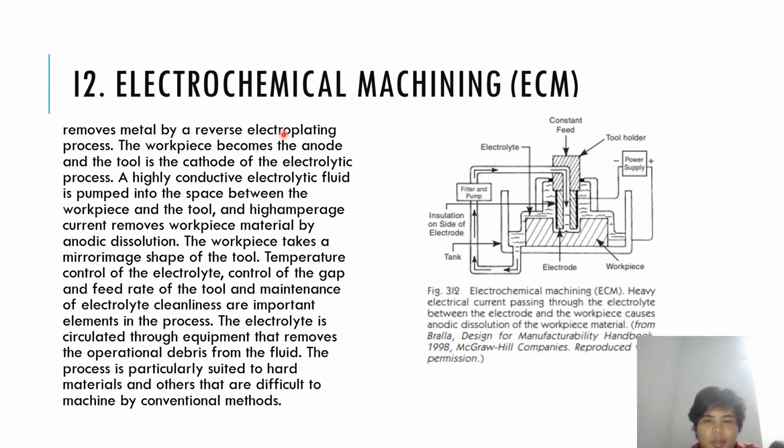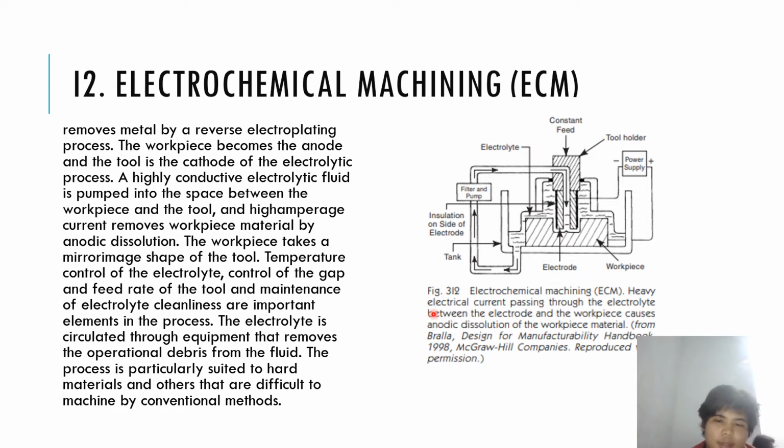Electrochemical machining is using chemical action as well, but it's mixed with the electrical. It removes metal by a reverse electroplating process. The workpiece becomes the anode and the tool is the cathode of the electrolytic process. A highly conductive electrolytic fluid is pumped into the space between the workpiece and the tool, and high amperage current removes workpiece material by anodic dissolution.